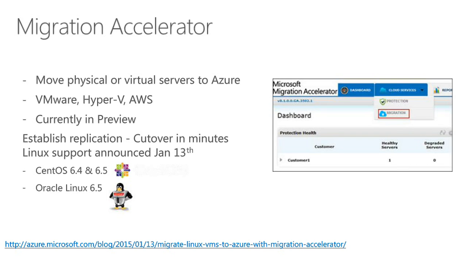And at some point, you will be able to migrate the entire contents of your virtual machines into Azure, and you can go from there. The Linux support, as I mentioned, was announced on January 13th, pretty recently. And there is a blog link here where you can find more information about how to get started with this tool.